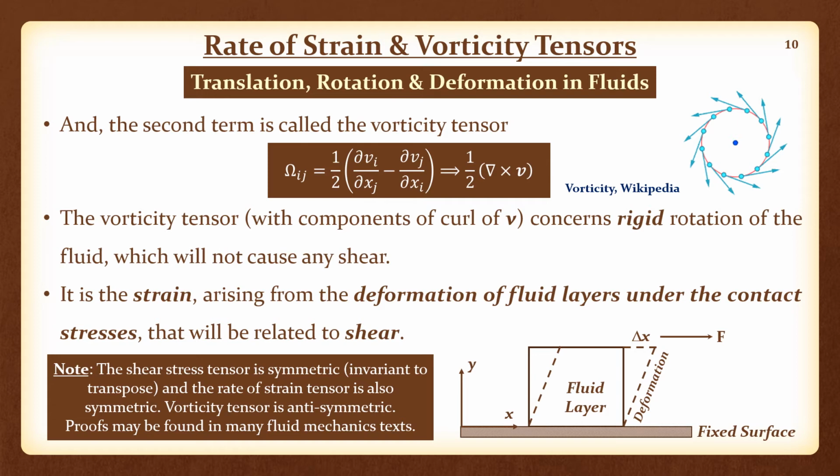And this deformation is what is captured in the rate of strain tensor. As I said, I am not going to go into any further details on this. You are more than welcome to look at how these deformations are defined. In fact, the rate of strain could be defined even for solids, right?